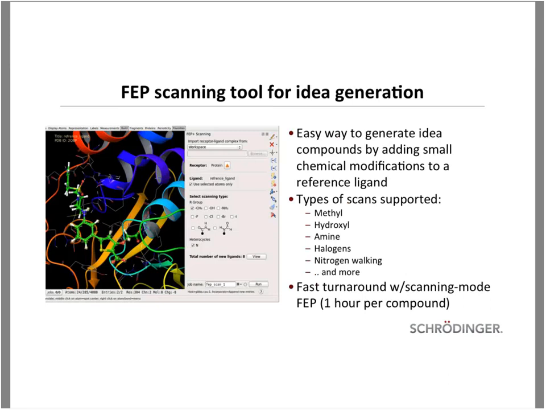The FEP scanning tool is sort of a simple version of our FEP tool that very quickly does a number of calculations. The turnaround is quite fast, about 1 hour per compound on a GPU. This is about 12 to 24 times as fast as a rigorous FEP calculation, which takes about a day on a GPU.